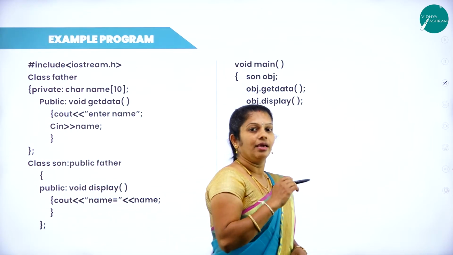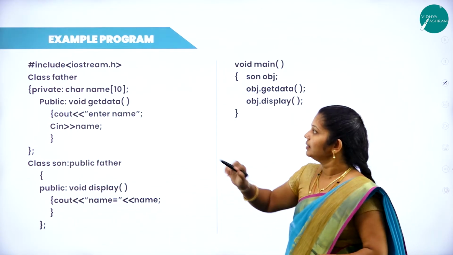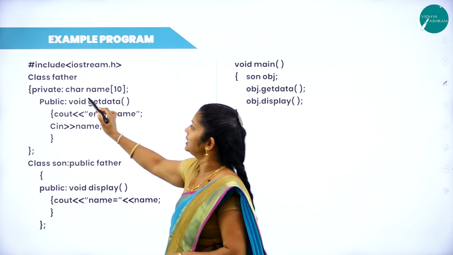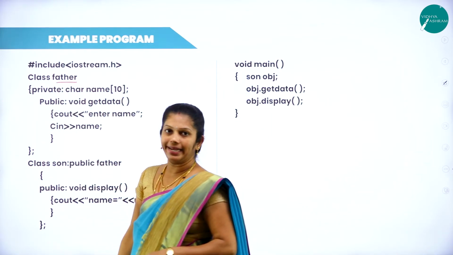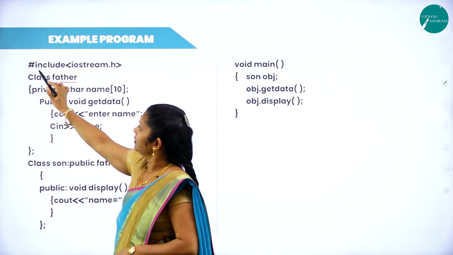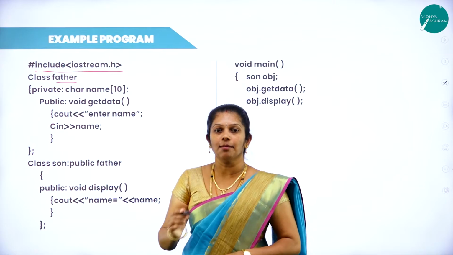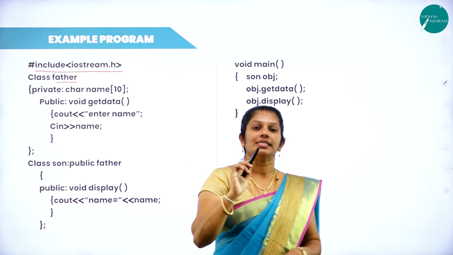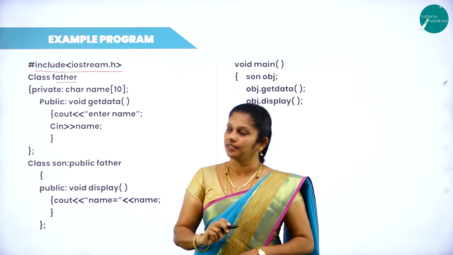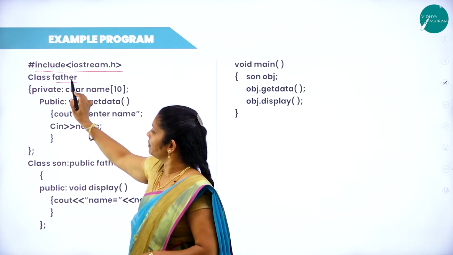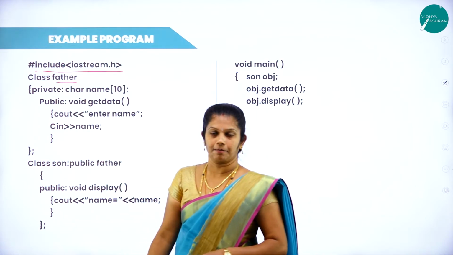For example, here we are creating one class. The class name here we have given as father. Before creating the class, we are writing #include iostream header file. This is a supporting header file for cin as well as cout functions. Then here if you observe, I am creating one class called father.